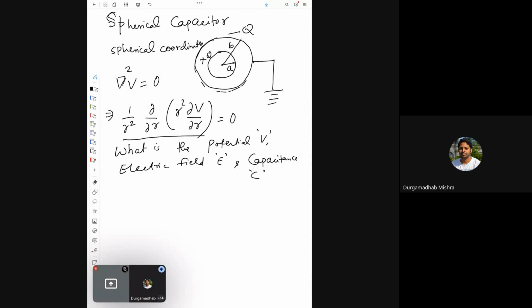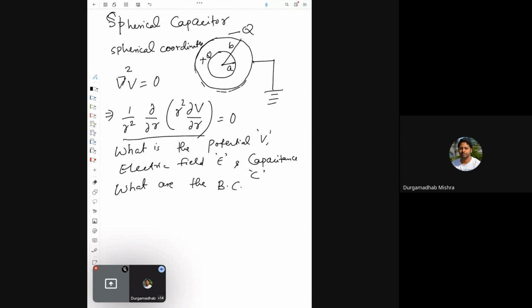As I said, we can solve it, but we also need certain boundary conditions. In some problems, the boundary conditions will be given to you.